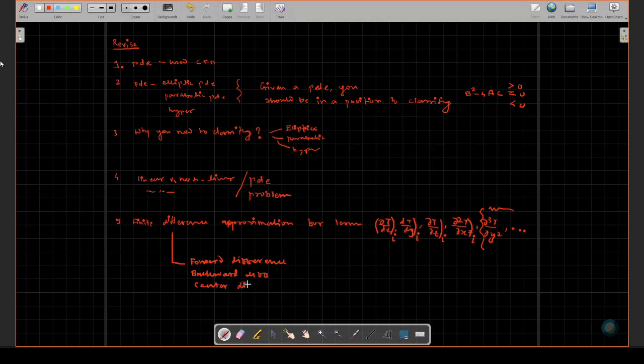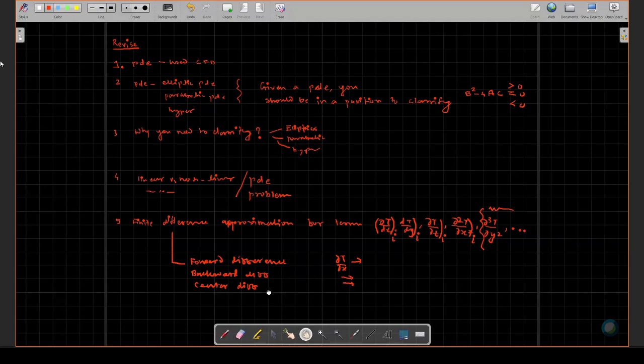You should be in a position to discretize any term, say for example the dT by dx term. You should know what the forward difference expression is, what the backward difference expression is, and what the central difference expression is.